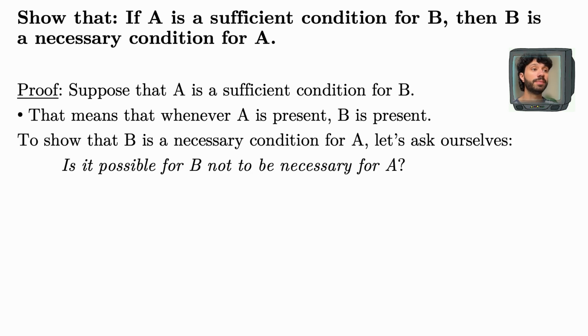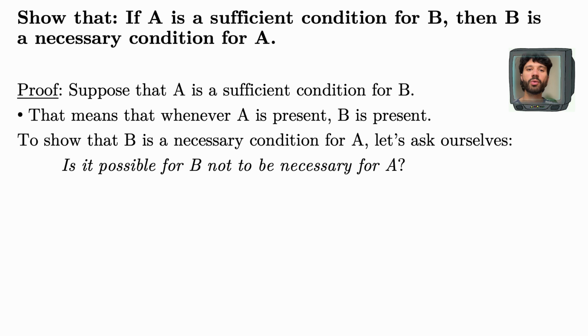But to show that B, this second part of the statement, which is called the consequent, is a necessary condition for A, let's ask ourselves, is it possible for B not to be necessary for A? Right? And is it possible for B not to be necessary for A given the thing that we assumed at the beginning, namely that A is a sufficient condition for B? Okay, so how can we find that out?